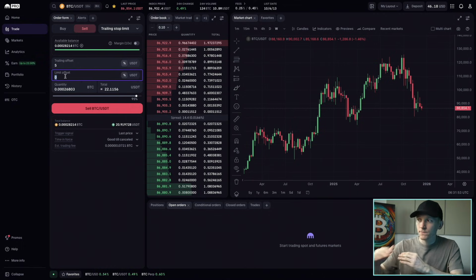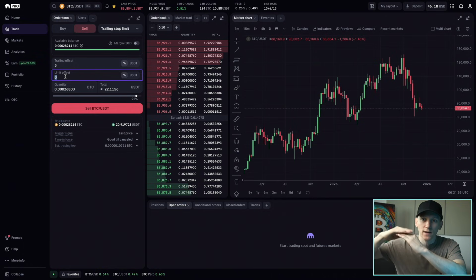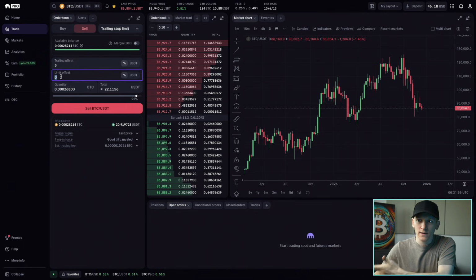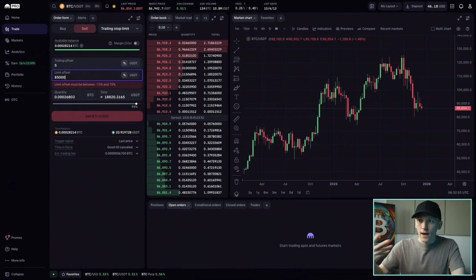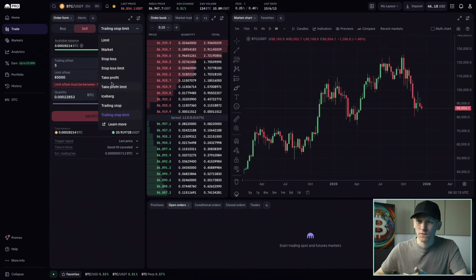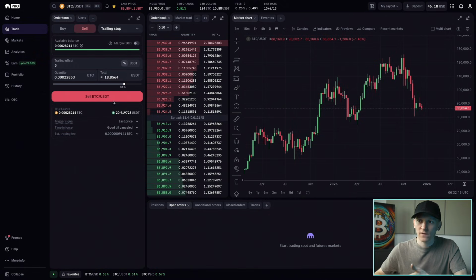So you can actually just say, I'm going to trail, and if my trailing stop gets hit, then put a limit order in to sell at whatever price that you can put in. And you have to work out if that's going to be good for you or not. But the trigger here actually puts a limit order in rather than just selling if it gets hit. So you can do that with a limit order as well. But like I said, for the most part, if you're trailing, you probably just want to sell as soon as the trigger gets hit, so use a market order anyway.